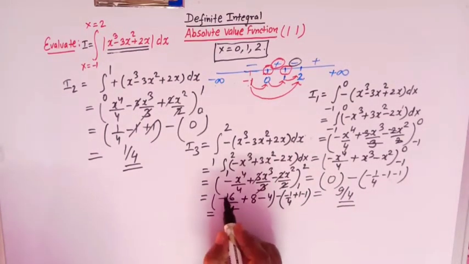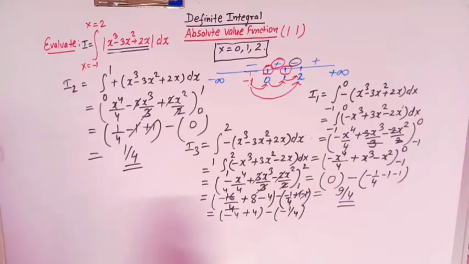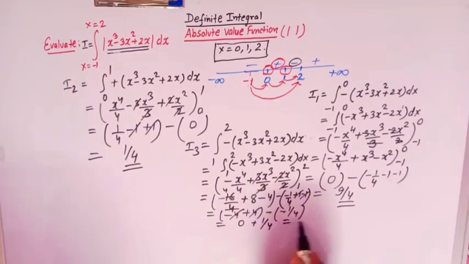So here 4 4s are 16, so we have minus 4, 8 minus 4 is plus 4, and here we have 1 and minus 1 get cancelled, so we have minus 1 over 4, and now these two get cancelled, so we have 0 and minus minus plus, so we have 1 over 4, right?